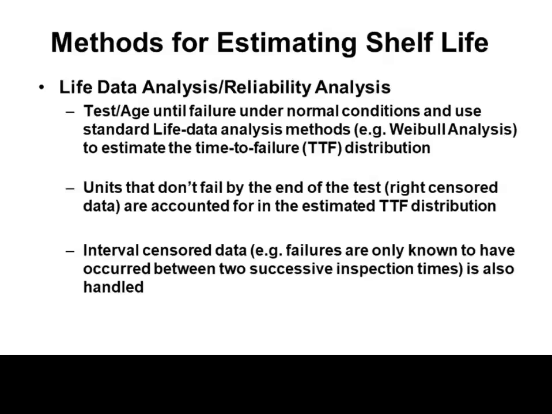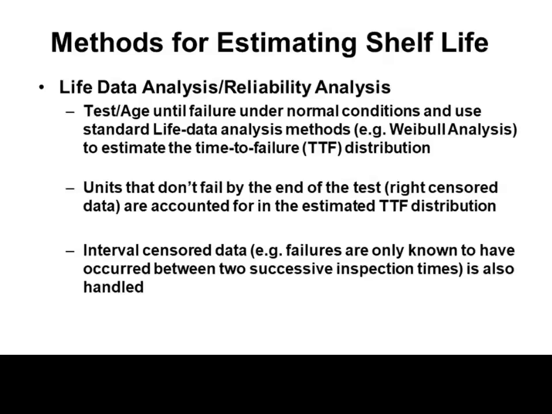In the shelf life problem, the math is the same. We're just talking about modeling the aging time, how long a product could actually wait before it's actually consumed or used. It's usually a one-shot use type of thing.